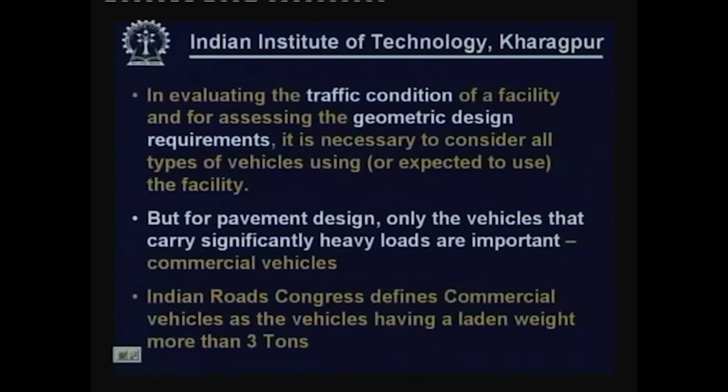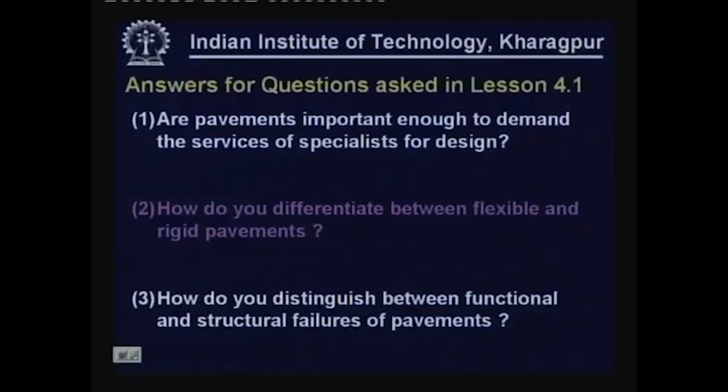For example, in evaluating the traffic condition, the quality of flow on a given road, and also in assessing the adequacy of geometric design features, all these aspects we have studied in the earlier lessons, it would be necessary to consider all these vehicles that I have listed in the previous slide, whether it is small or big, whether it carries small load or heavy load, all in terms of permanent deformation rating. So this is how these two performance criteria or failures are different.